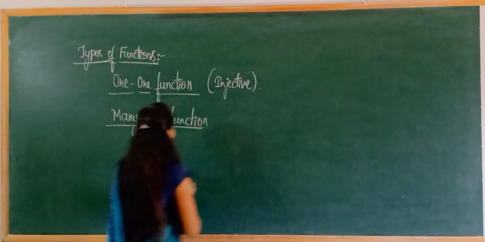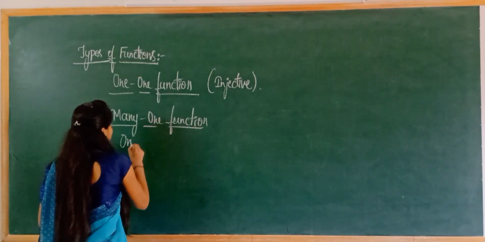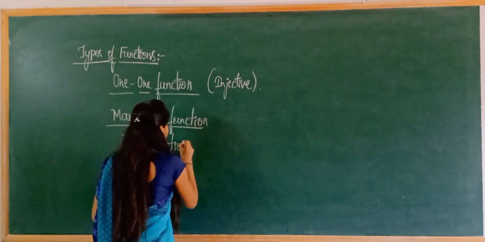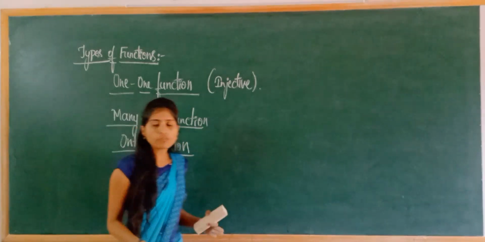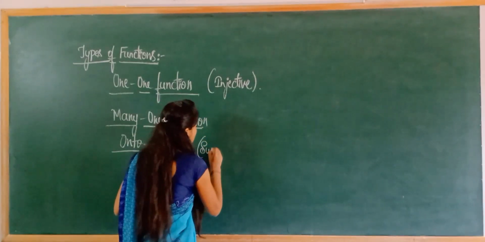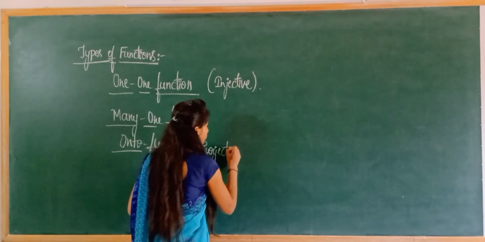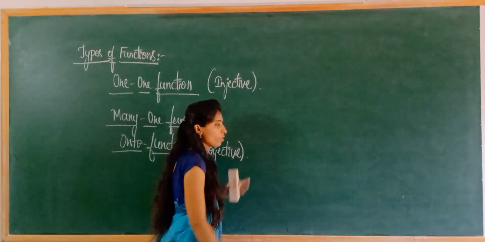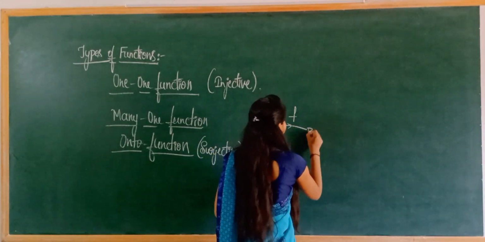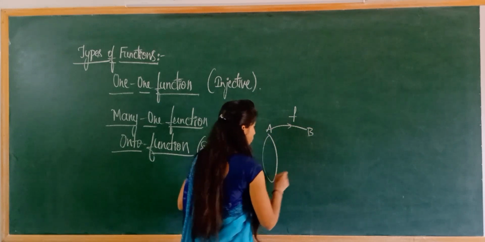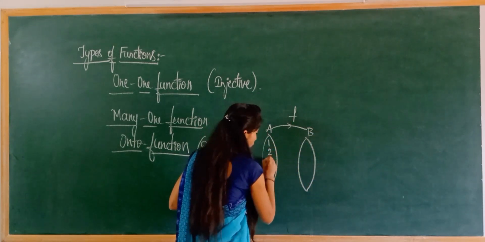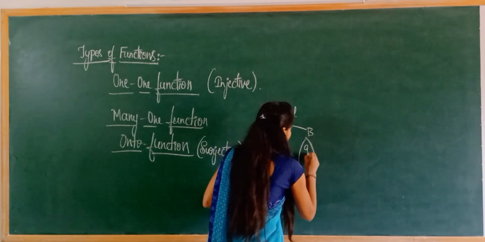For onto function, we also call it as surjective function. Okay, surjective. Onto is a function here from A to B. 1, 2, 3, 4, A, B, C, D, I will take.